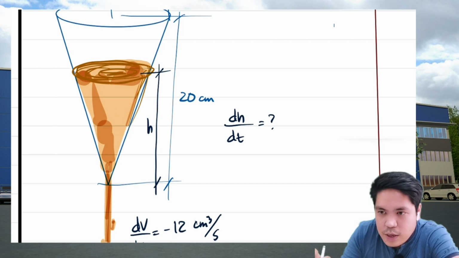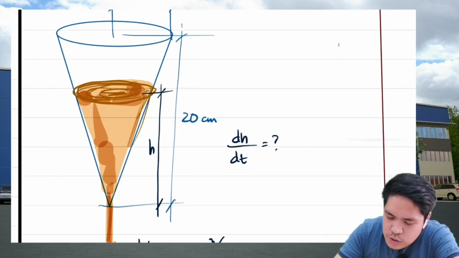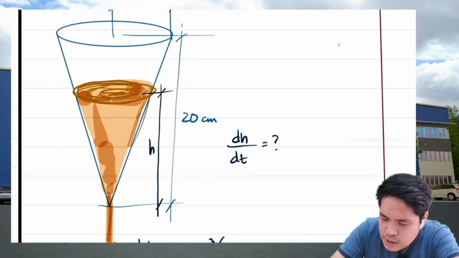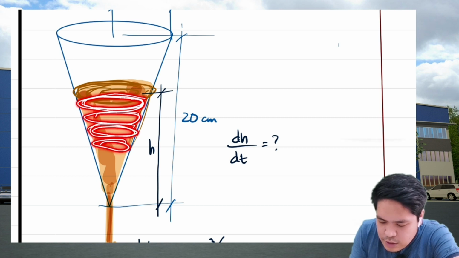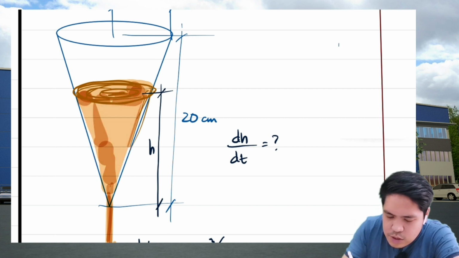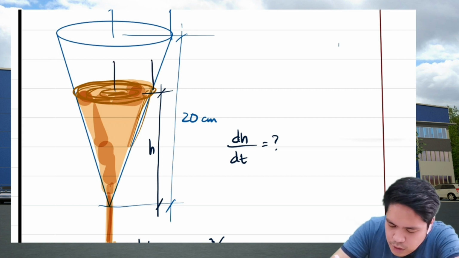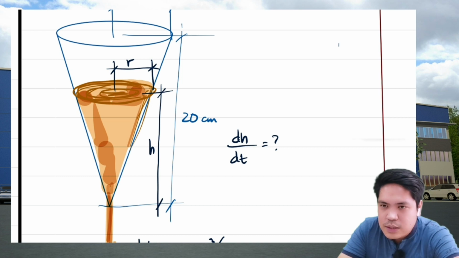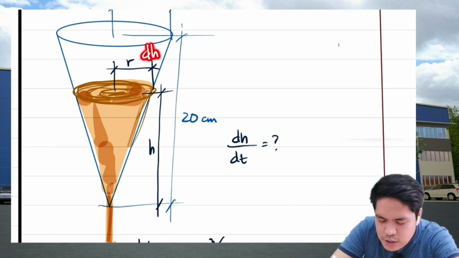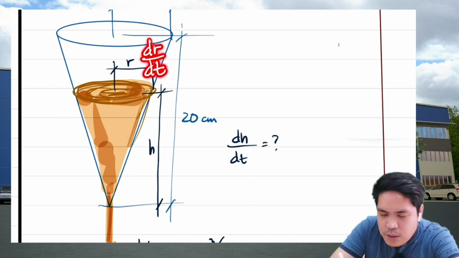Also, as the fluid level is dropping, the circumference of the surface is decreasing, right? Our circle keeps changing. So the radius is also a variable because this quantity changes. It also has a rate, the radius has a rate with respect to time because it is changing.